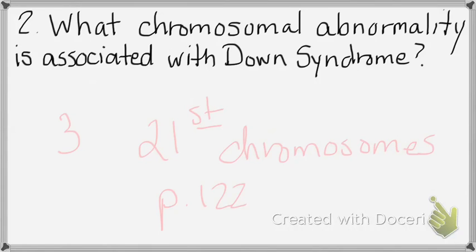Down syndrome is also called trisomy 21. It actually tells you what the problem is in the name, trisomy 21, Down syndrome. Make sure you can recognize a karyotype of an individual with Down syndrome. That'd be really easy to spot. You just look at the 21st pair, and if there's 3 chromosomes there, then the individual has Down syndrome.